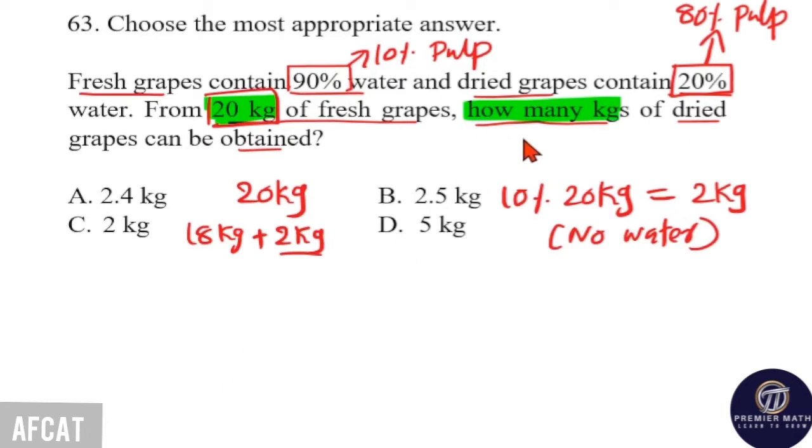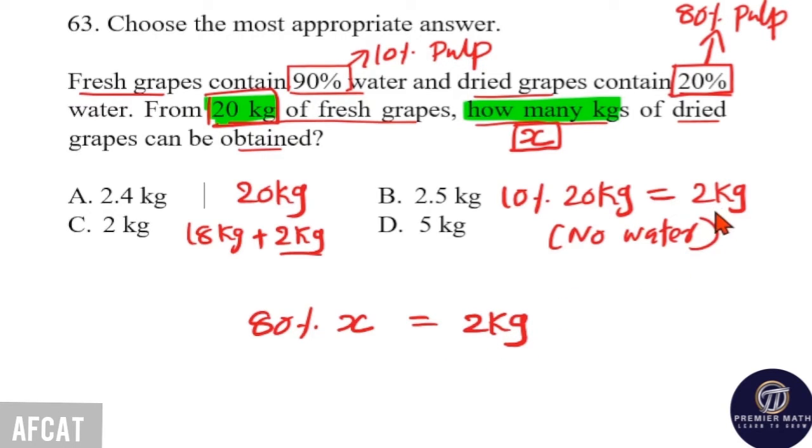That means let us consider X kilogram as the dried grape obtained from this 20 kg. Then this 80% pulp is equal to 2 kg. So 80% of the required weight of dried grape is equal to 2 kg. That means this X kilogram weight contains 80% pulp. This 80% pulp is equal to 2 kg.